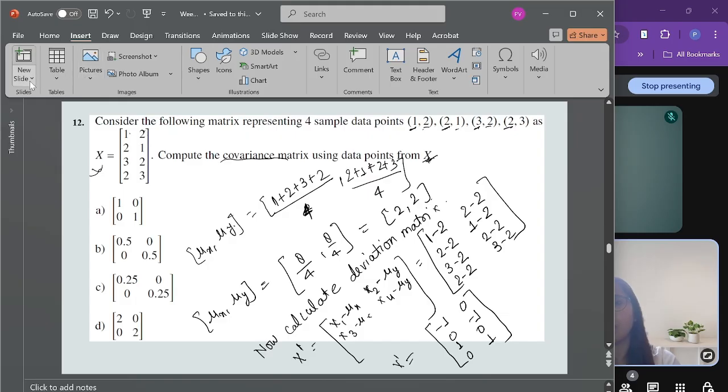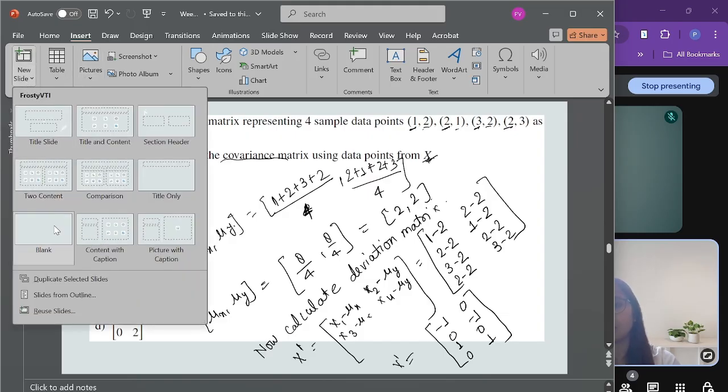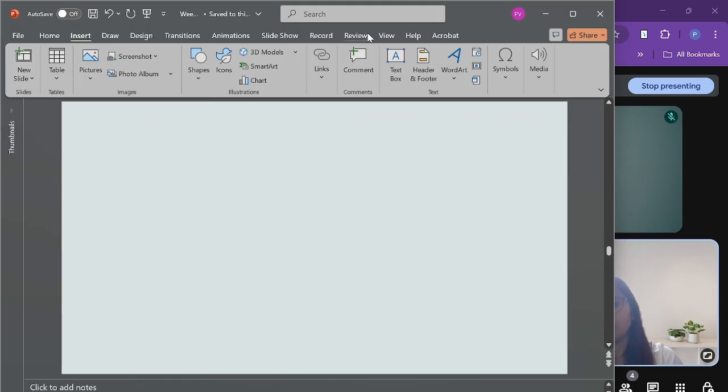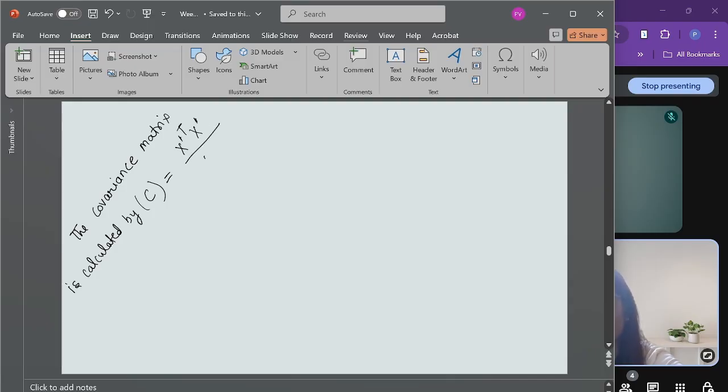Now how do we compute the covariance matrix? The covariance matrix is calculated by, let's say it is represented by C, x dash transpose x dash divided by n.